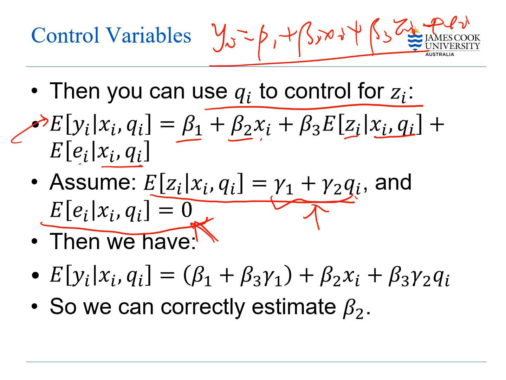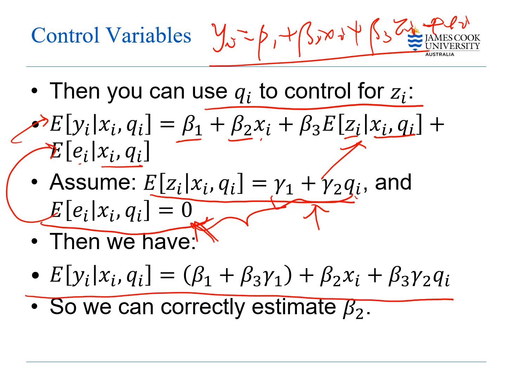So now, given this, plug these two equations into here, this one into here, this one into here. We can have these equations. And now you should see that when we regress Y against X and Q, we can estimate this one and this one. So now this one, beta 2, is indeed a consistent estimate of beta 2.